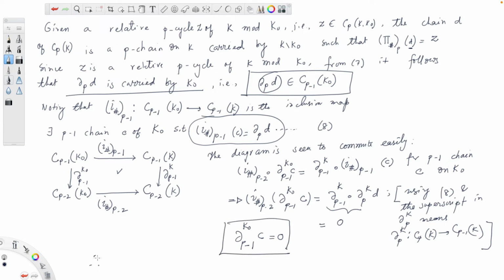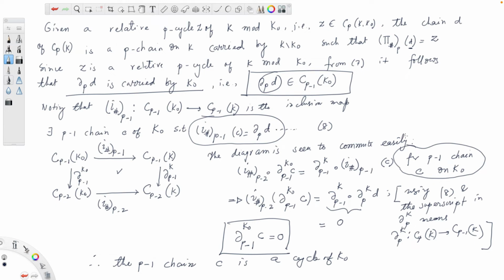Therefore, the p-1 chain c is a cycle of K0. We took that p-1 chain c of K0, right? And we end up with the fact that this p-1 chain c on K0 is actually a cycle of K0.